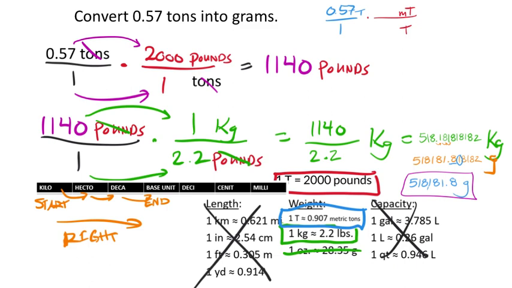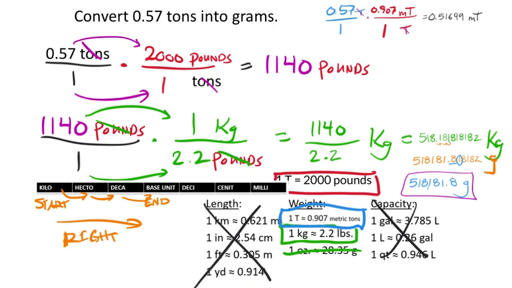But what I do know is that 1 ton is 0.907 metric tons. So, skipping a little bit of work here, we'd cancel out the tons, but this would then change this into metric tons for us. So that's 0.57 times 0.907, which gives 0.51699. That's the exact value that my calculator gives me.